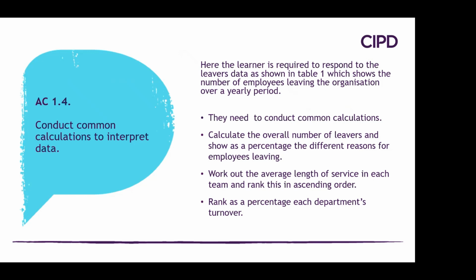What you need to do here is conduct the common calculations, calculate the overall number of leavers, and show us in a percentage the different reasons for employees leaving, work out the average length of service in each team and rank them in ascending order, and rank as a percentage each department in turnover. Next slide, please.